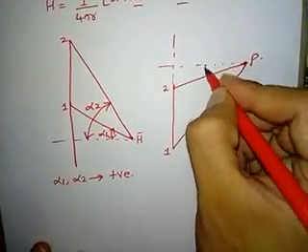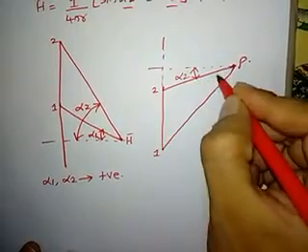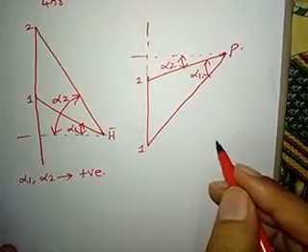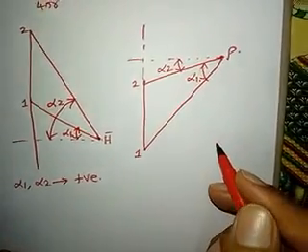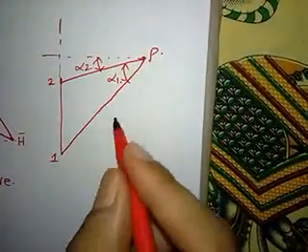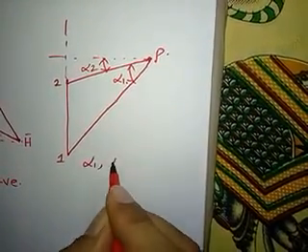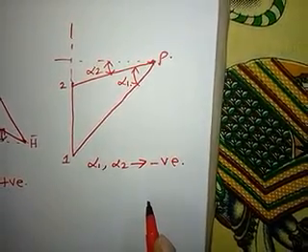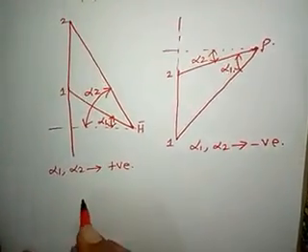So this is alpha 2, and this is alpha 1. Here in the second case, the conductor is lying below the point of magnetic field intensity, so both alpha 1 and alpha 2 are negative in this second case.